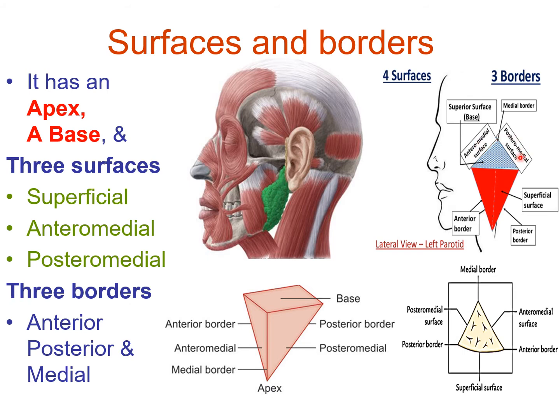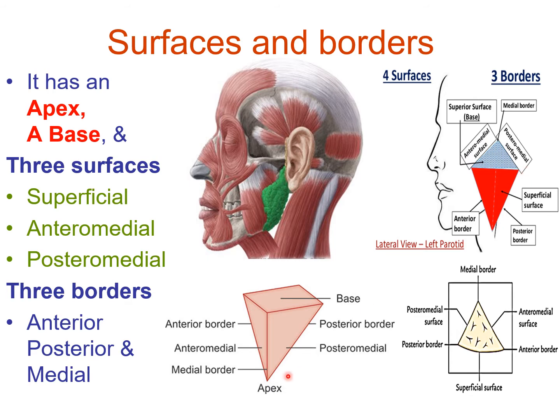So there are three surfaces: the superficial surface, the anteromedial surface and the posteromedial surface. The superficial surface is separated from the anteromedial surface by the anterior border. The posterior border separates the superficial surface from the posteromedial surface, and the medial border separates the anteromedial surface from the posteromedial surface.